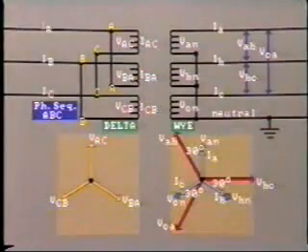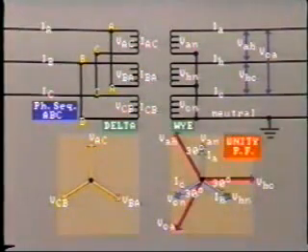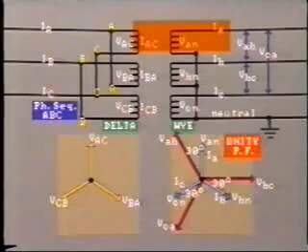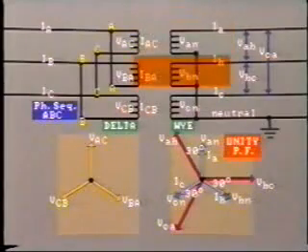Now let's look at the currents in the primary with a unity power factor load. Clearly in phase A, IAC primary is in phase with IA secondary. Similarly, IBA primary is in phase with IB secondary.